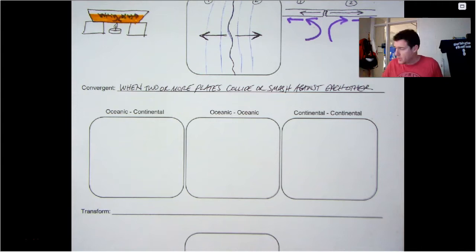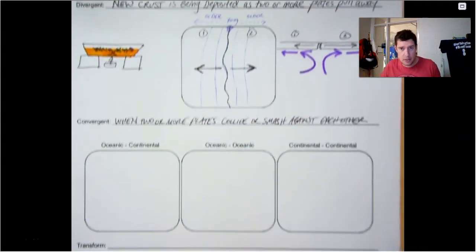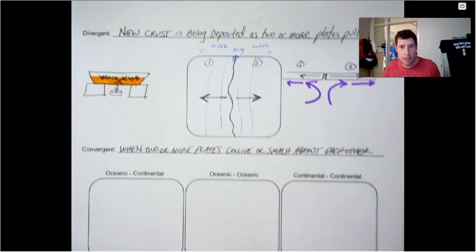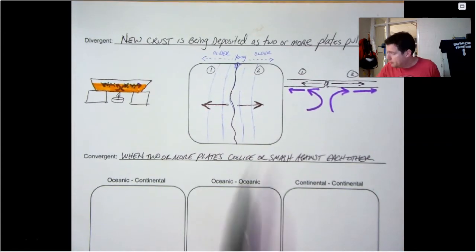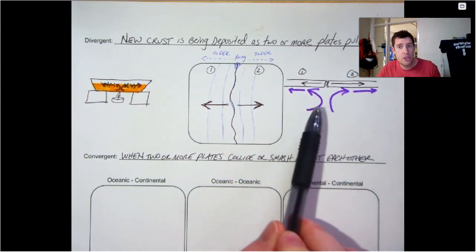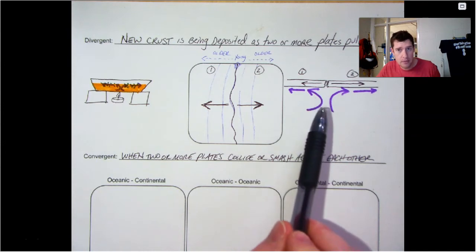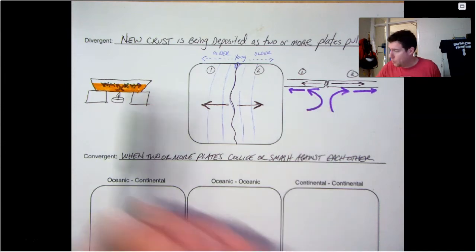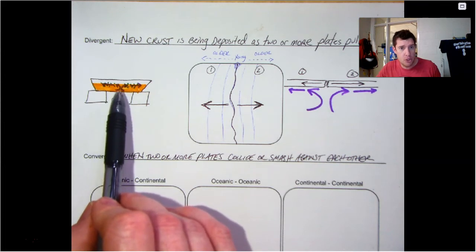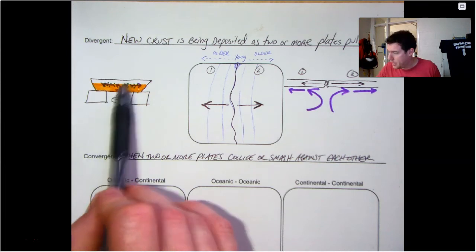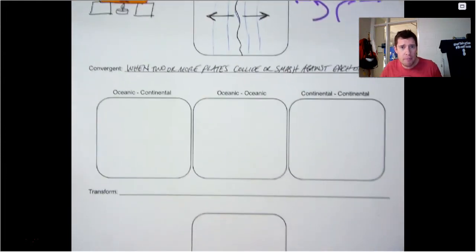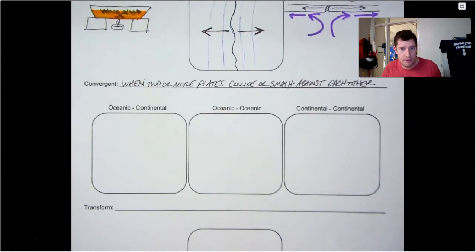So if diverging boundaries or plates happen because the asthenosphere is doing this, and the oil in our bread pan was doing that, which showed us divergence, what must the asthenosphere be doing underneath the crust for plates to converge?